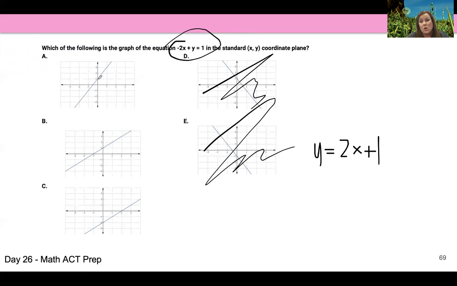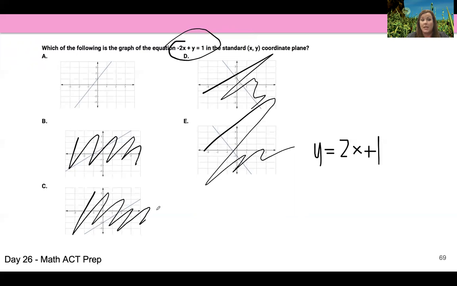I can plug in 1, but I'm just looking for something that's going up 2 over 1. Here we're at -1 and 1. That goes up 1 over 1. That's a slope of 1. This one goes up 2 over 2. That's the slope of 1 again. Process of elimination, it's A, and you can look, this is at 1/2. It goes up 2 over 1. Goes up 2 halves and over 1/2. That's our answer.